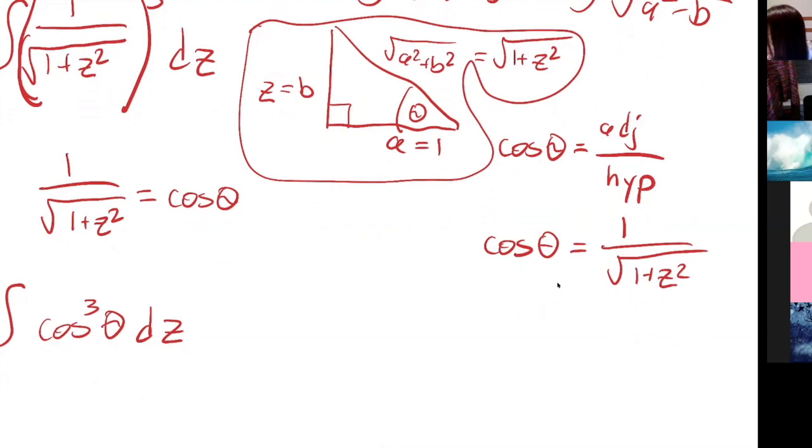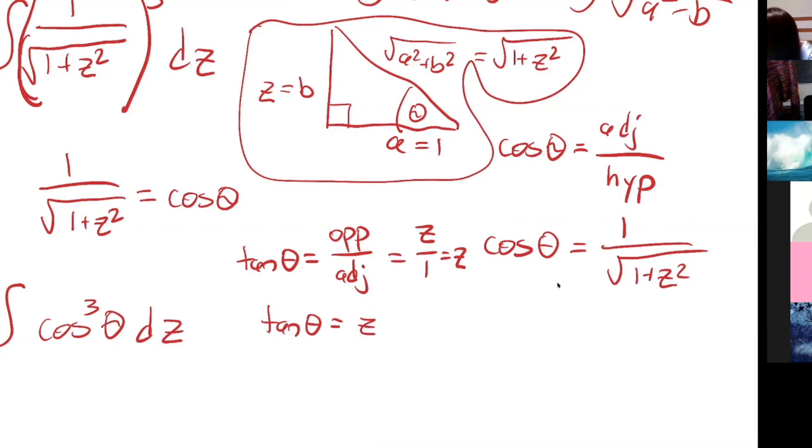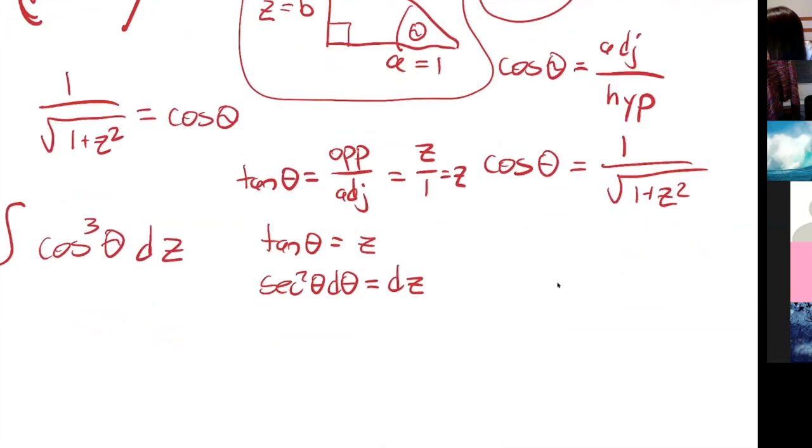So I could use the fact that the tangent of theta is the opposite side over the adjacent side, which gives me just z over 1. So now I've got this identity that the tangent of theta is equal to z. So taking the derivative of both sides gives me a way of replacing dz with some expression of thetas.